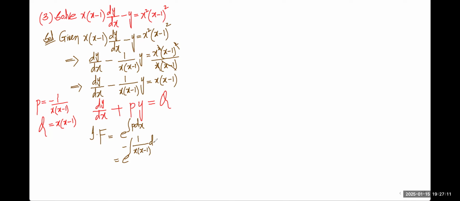Why am I asking for partial fractions? From here we have to convert into partial fractions. This is your rough work: x into x minus 1. There are two factors, so define two variables, A by the first variable plus B by the second variable, that is x minus 1.